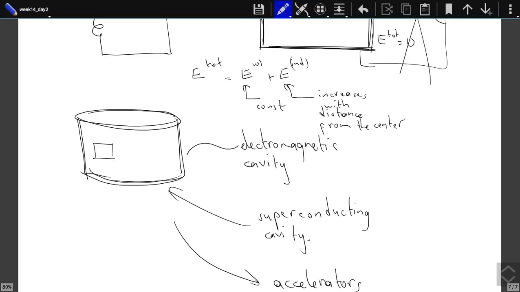Or just send some charges. If you send some charges, you can excite these oscillations of the electromagnetic field inside at a particular frequency. You don't have to send your charges at a given frequency, but the oscillations that they will excite will be of a given frequency, and then you create electromagnetic radiation of a given frequency.